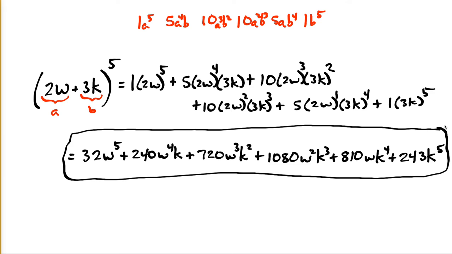So on the test, if you get a question like this, expect it to be third power or fourth power at the most. And I wanted to put one on the test that can be done by hand if you don't want to use Pascal's triangle.